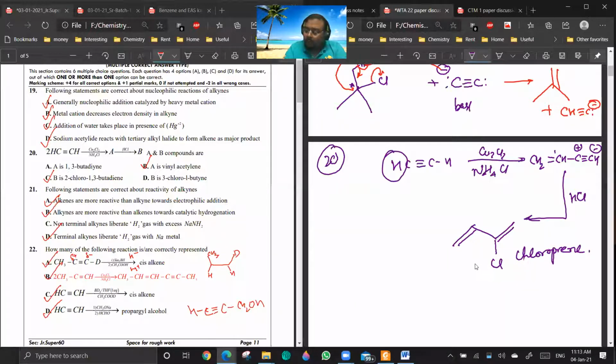Have I given this reaction, that if you are using Cu2Cl2, NH4Cl, and O2 also, then you'll be getting HC≡C-C≡CH?